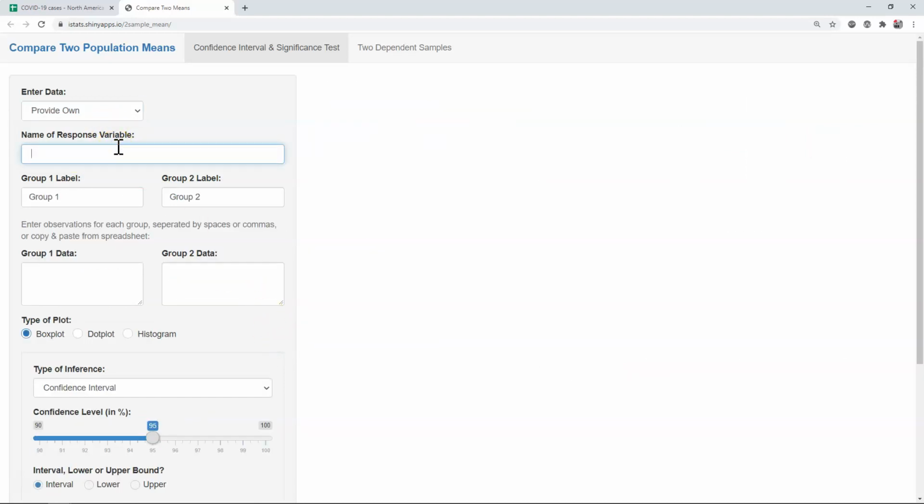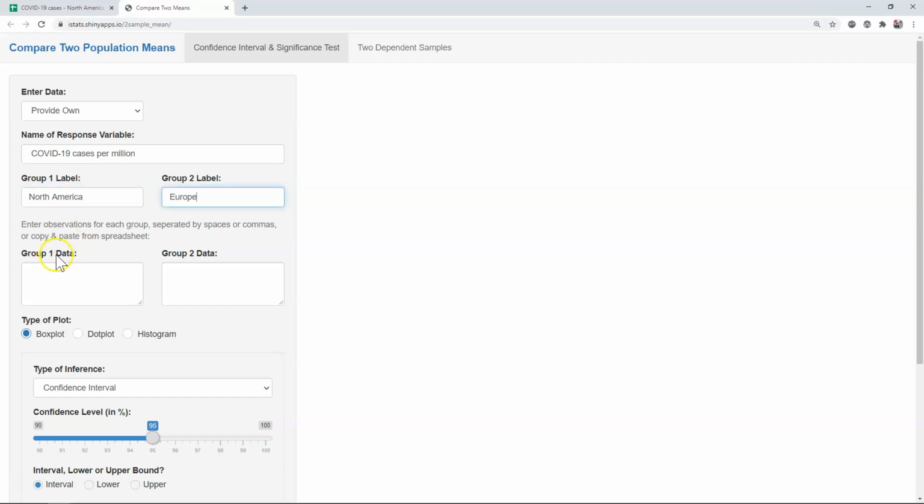As always, we'll define some appropriate names for our variable and labels. What we're actually measuring here is the number of COVID-19 cases per million. And the two labels that we'll use, since we're separating them into North America versus Europe, we'll put those in.